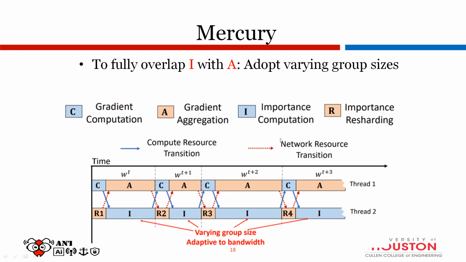Tic-Tac can reduce the time only if the bandwidth is high enough, right? If the bandwidth is too short, it doesn't benefit that much. Tic-Tac reduces the time because they overlap computation and communication.